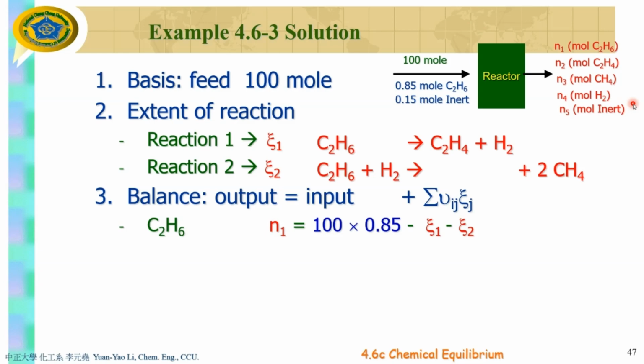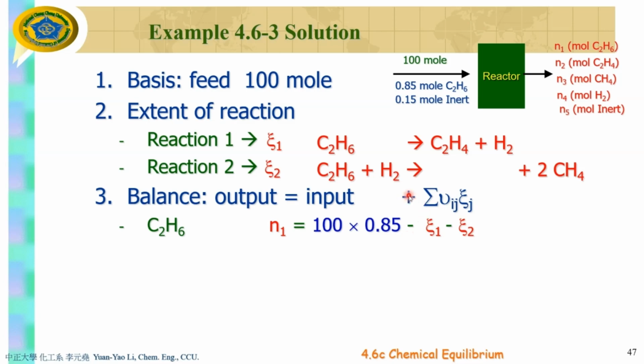Okay, so for the C2H6, let's write down output equal to input plus summation nu times Xe. That will be N1. That's output, right? Output here equal to input. Input is 100 mole, and there are 85% of C2H6 in the 100 mole. That means 100 times 0.85.